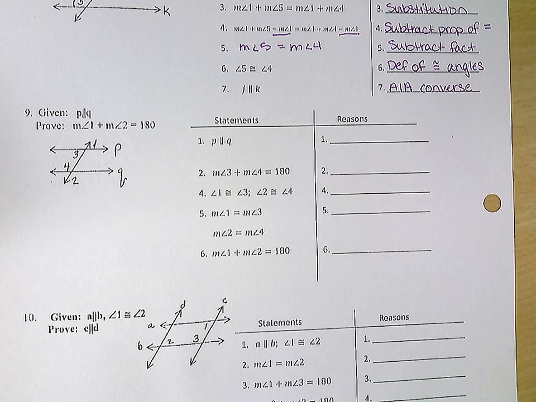Number 2, you have to write something along with that for your second reason, but everything else is correct. Is it a converse? No, not a converse. No, it is that, but you have to write it differently.